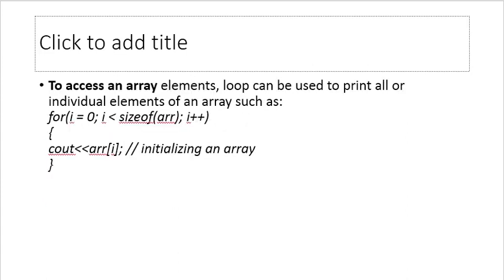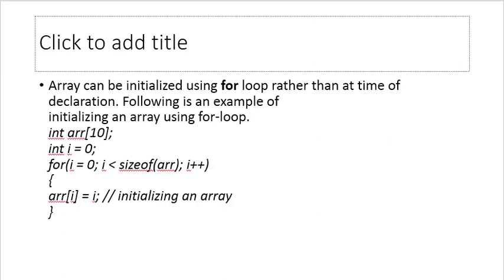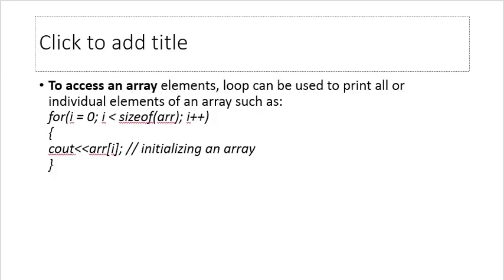So to access an array, here you have initialized an array using a for loop, and then to access the array elements, a loop can be used to print all the individual elements of the array. The size for which you asked values from the user, you have to use that size to print all the values.